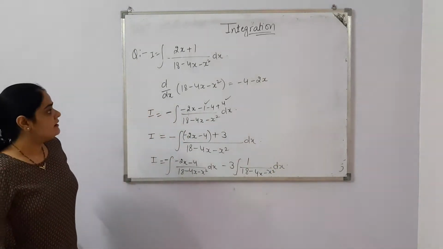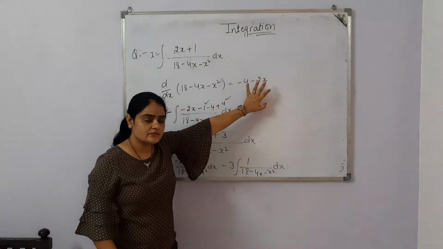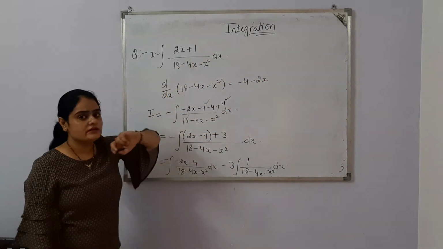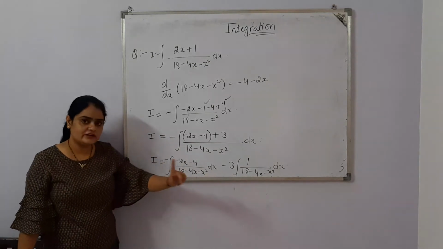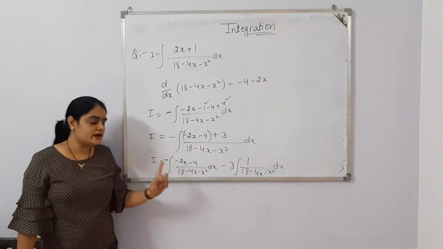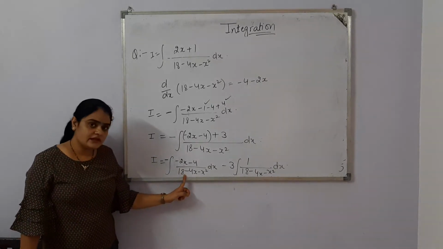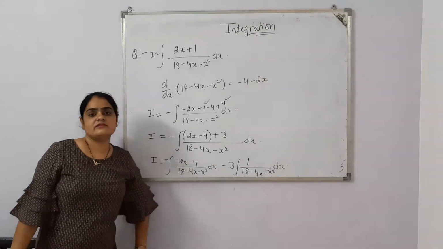Why did we do this? Why did we make the denominator's differentiation in the numerator? Just because of this very reason. Now what you are watching, there are two different parts, and in the first one we can apply the formula. In the denominator is the function, and in the numerator its derivative is available.